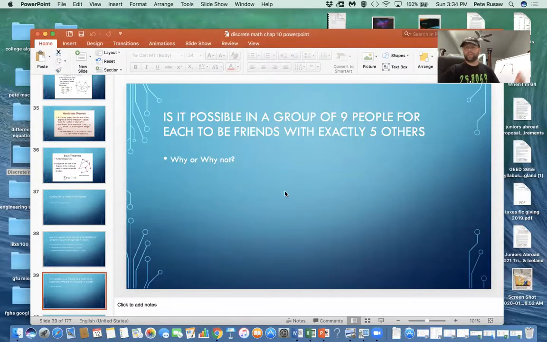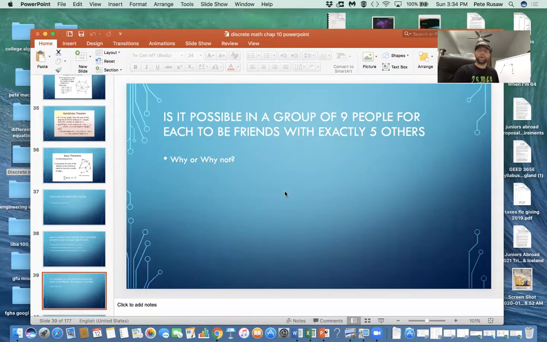How about a question like this? You'll see something like this in your homework. You've got 9 people, and out of those 9 people, is it possible for each of the 9 to be friends with exactly 5 others? So you might represent this with a graph, 9 vertices for each of the people, and then you try to make connections of friends.